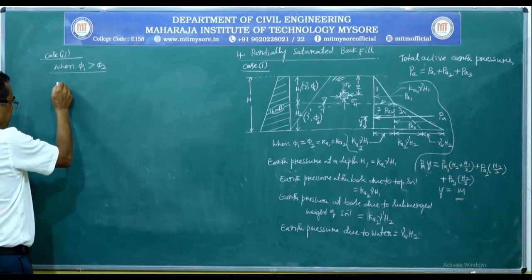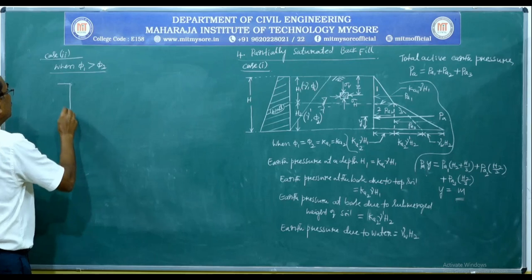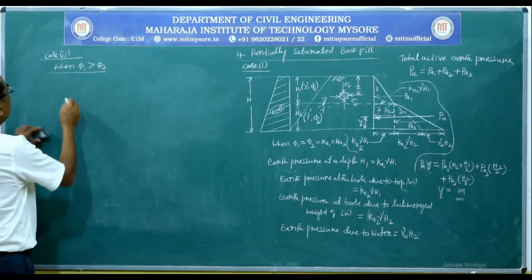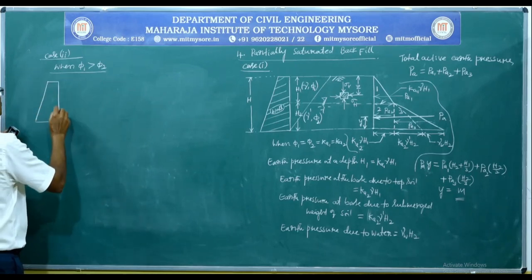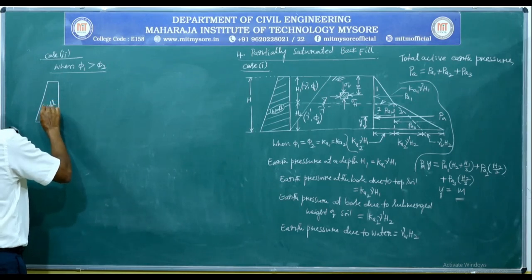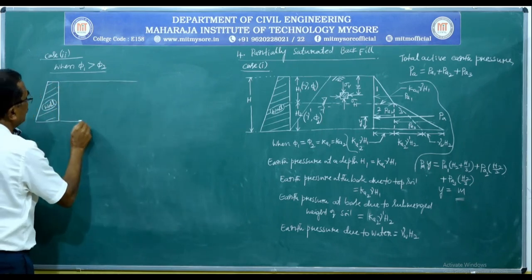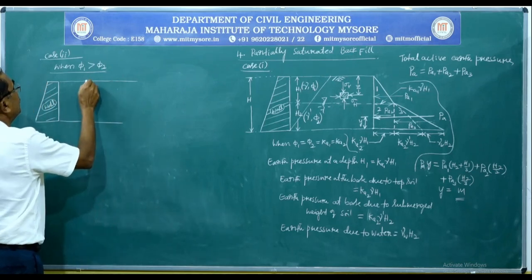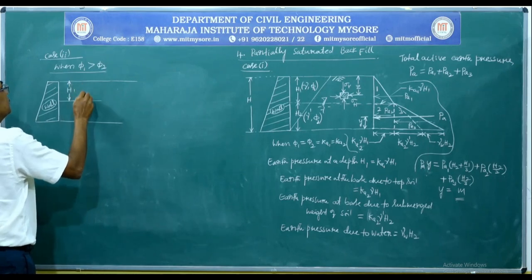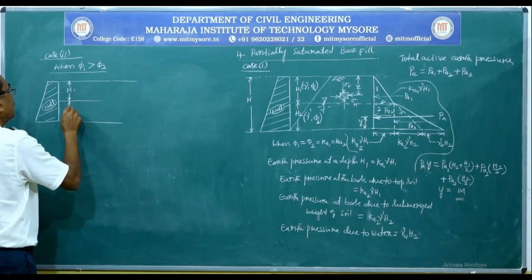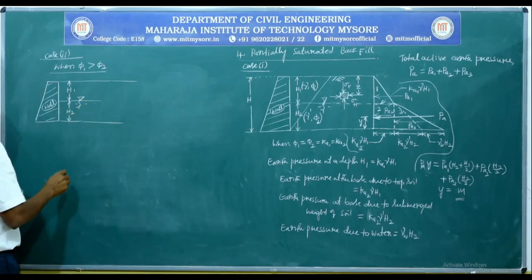So when phi 1 is greater than phi 2, let us consider again a retaining wall. Let the water table be at a depth of H1.